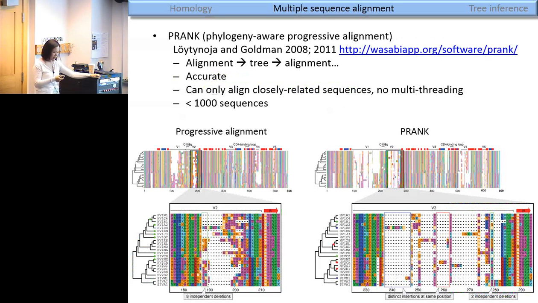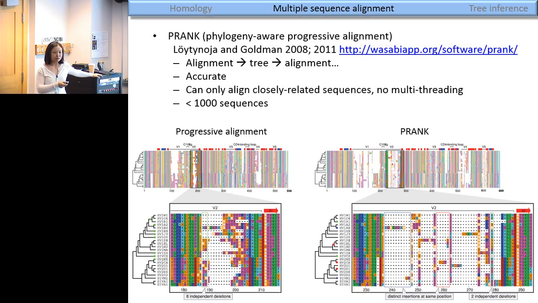So you can see that this is the alignment using ClustalW. This one is using PRANK. As you can see in progressive alignment, one of the problems is that when it sees these variable regions, it just does whatever maximizes the alignment score, and whatever it can't align, it just leaves as a gap, right?